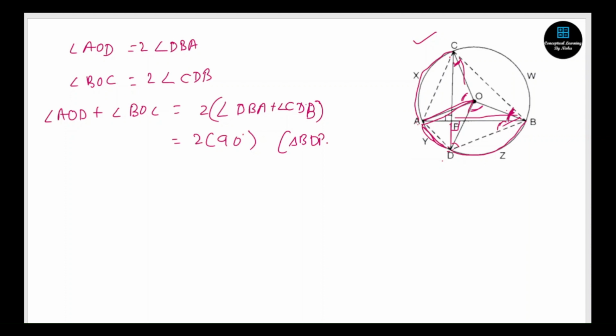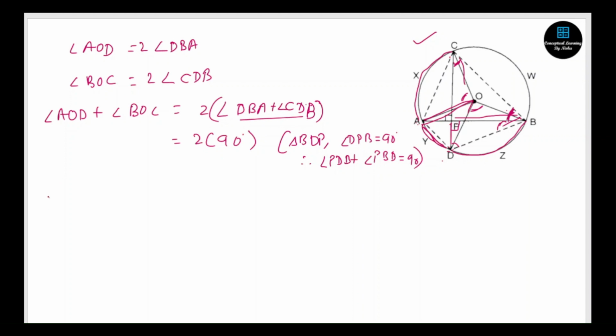Therefore, angle PDB plus angle PBD equals 90 degrees. So these remaining two angles also make 90 degrees.